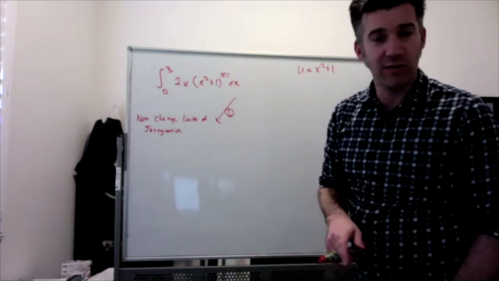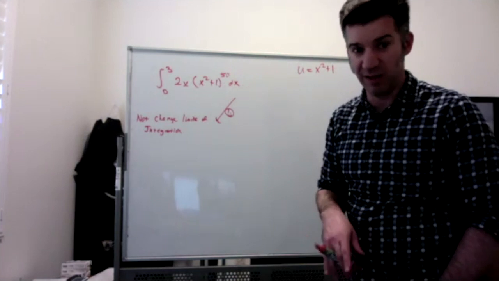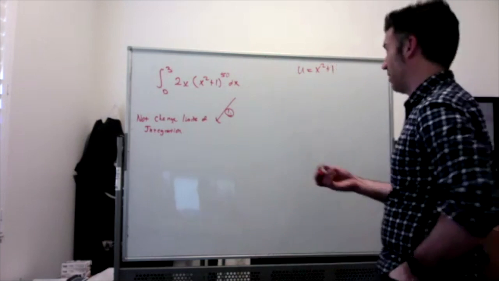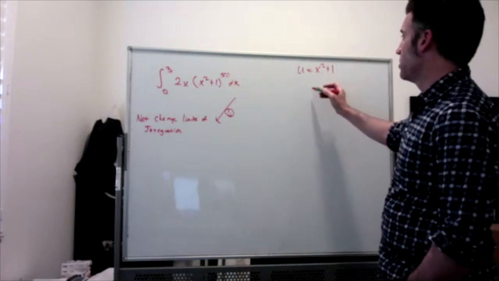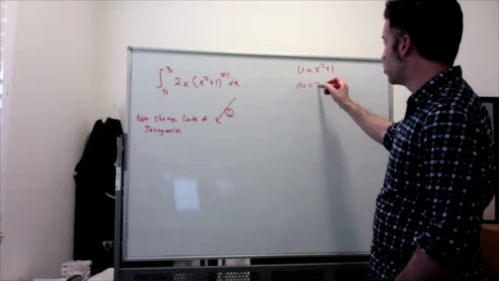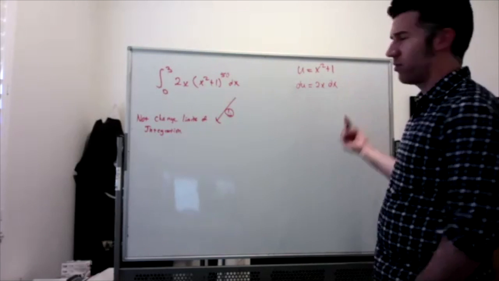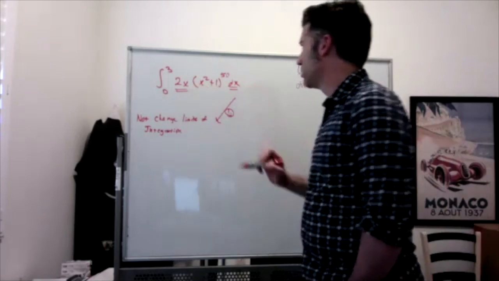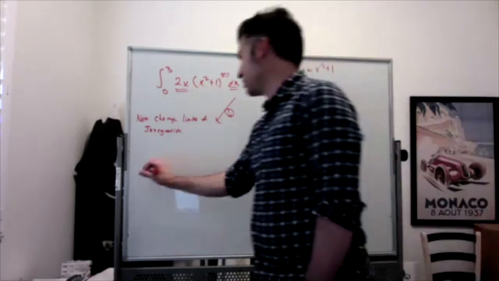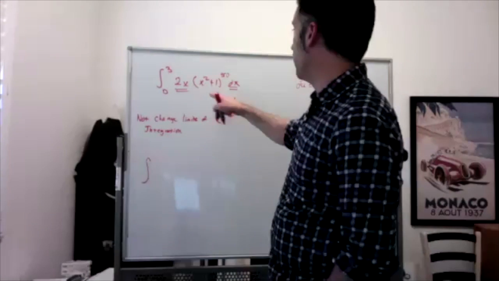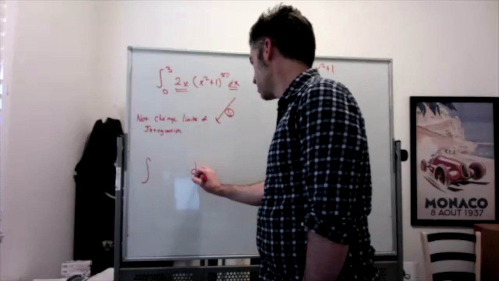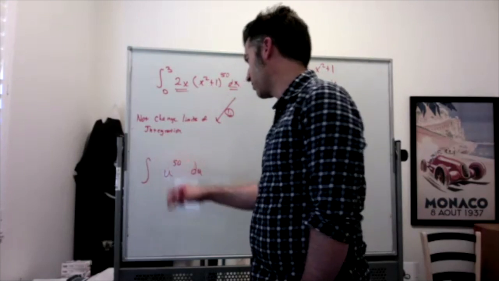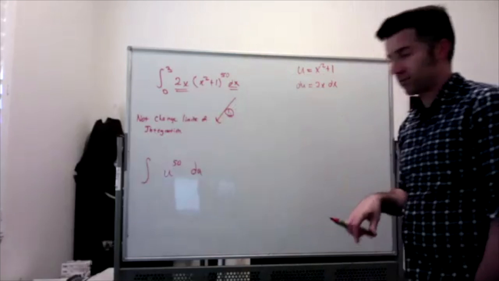Sure, you could technically multiply x squared plus 1 to the 50th, but it'd be a lot harder. X squared plus 1 to the 5th, I could actually multiply if you guys really want me to. I'm not going to. So then my du is going to be 2x dx. And look, we're in good shape. There's my du. So this is going to be the integral of u to the 50th power du. Okay.